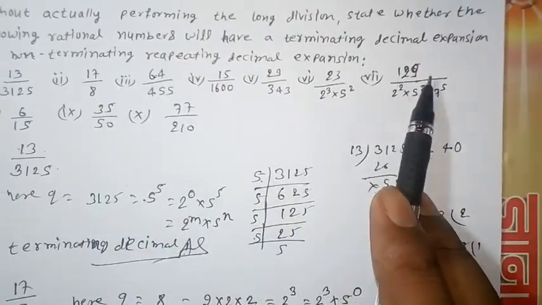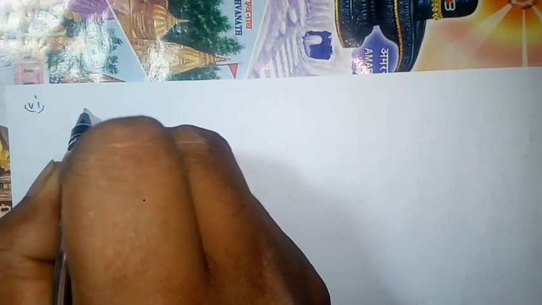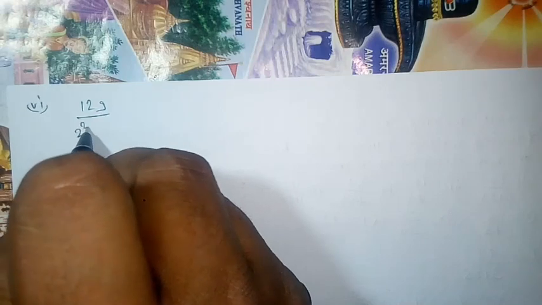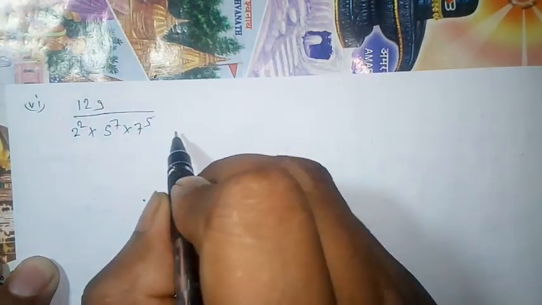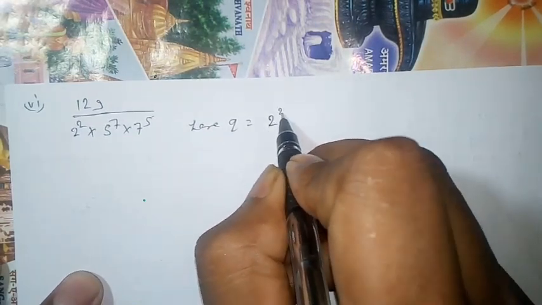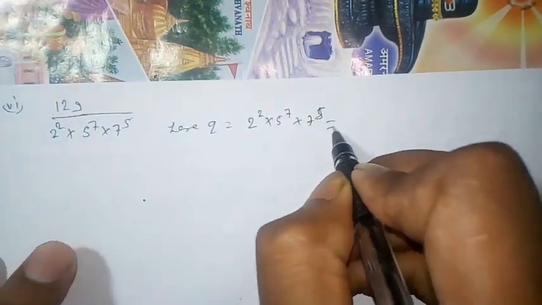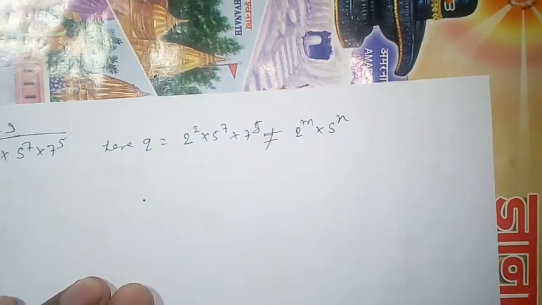Question number 7. 129 by 2 to the power 2 into 5 to the power 7 into 7 to the power 5. Here Q is equal to 2 to the power 2 into 5 to the power 7 into 7 to the power 5, which is not of the form 2 to the power m into 5 to the power n.